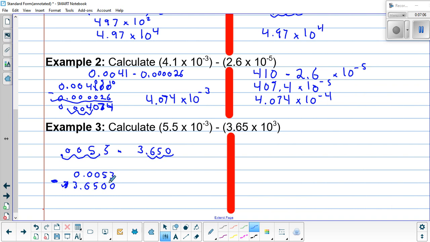Well, 3 minus 0 is nothing, 5 minus 0 is nothing, 0 minus 5, that's just negative. So what exactly are we going to get out of this? Sorry, I don't know why I put a decimal in there.